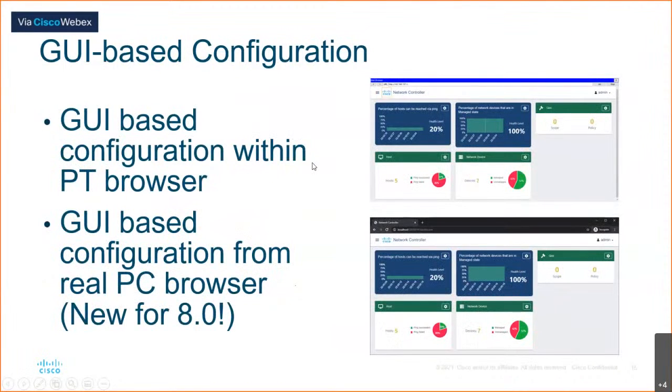And this thing supports GUI-based configuration. So you can jump into a web browser, navigate to the IP address of this network controller, and you will see the control panel dashboard with all the controls. And you can also click through and make all the necessary changes to your network.